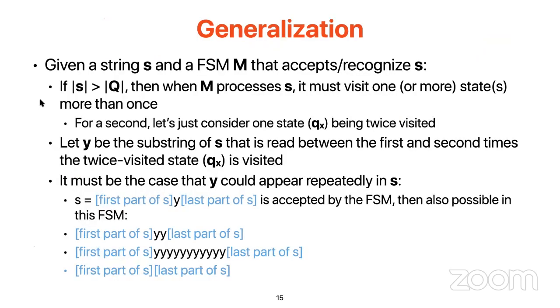So let's generalize it. If you have a string S and a finite state machine N that accepts and recognizes S, then if your string length S is greater than Q, which is the total number of states, then when the finite state machine processes S, it must visit one or more states more than once, right? Sometimes it doesn't work out that way.